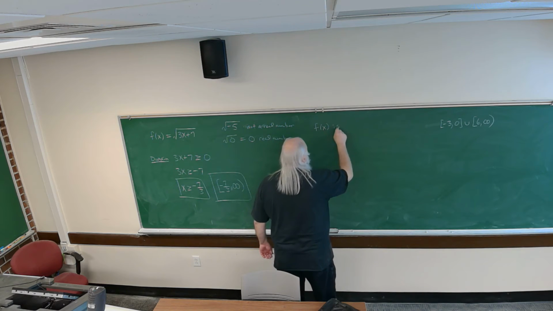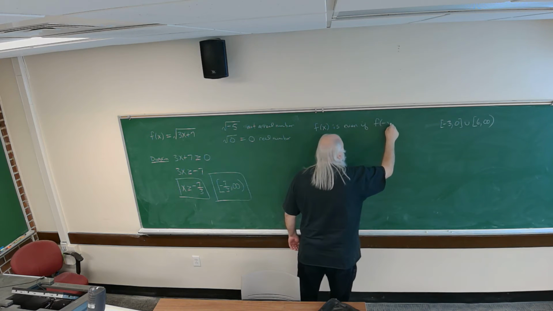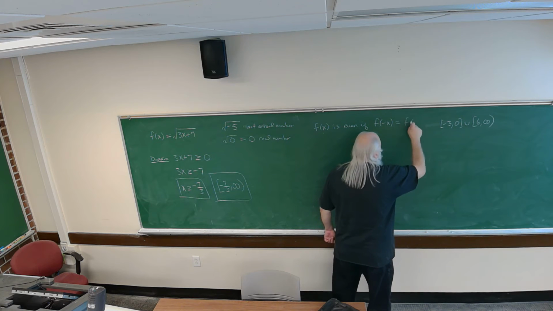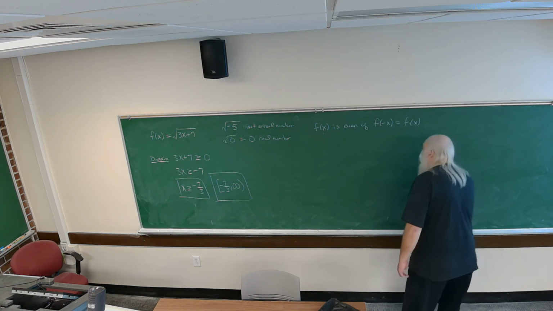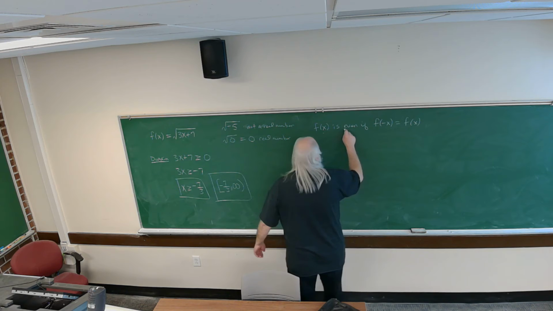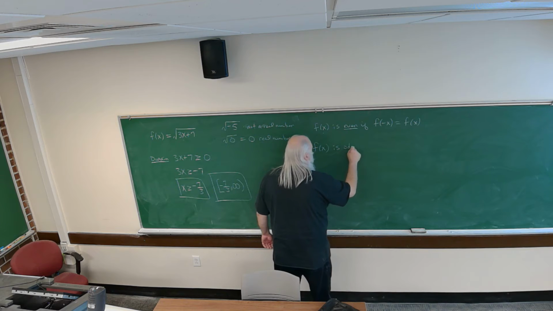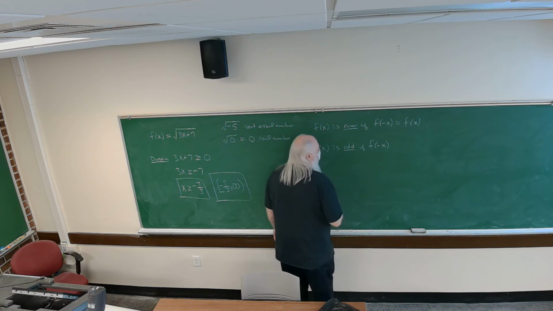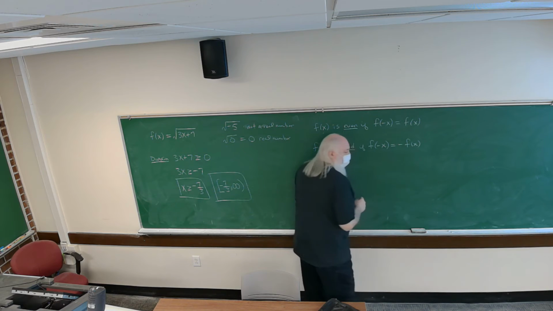So f of x is even if I replace x in f of x with minus x, and when I simplify, I get f of x, the original function. f of x is an odd function if f of minus x is equal to the negative of the original function f of x.